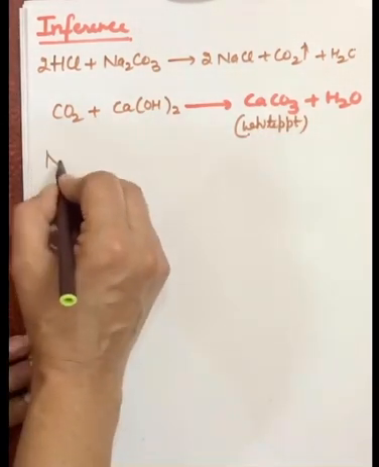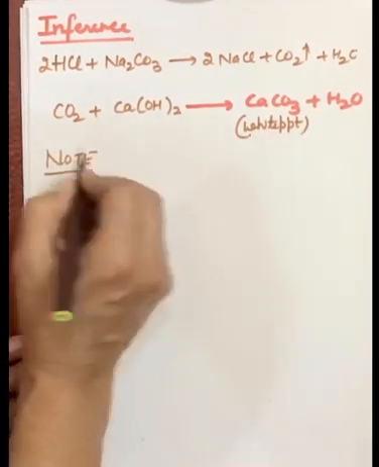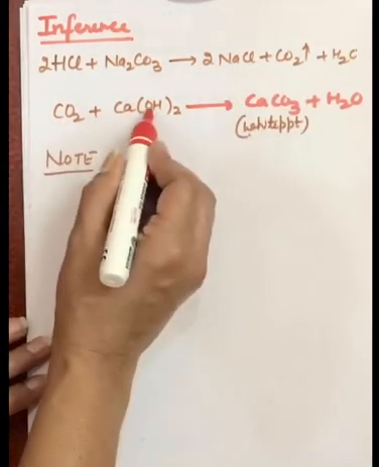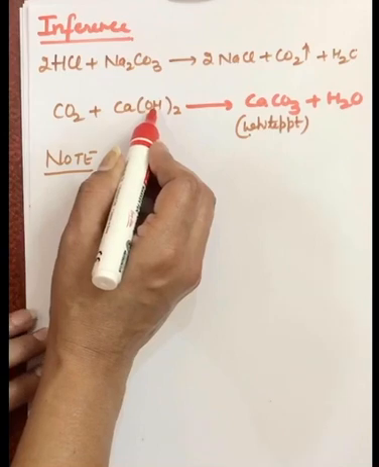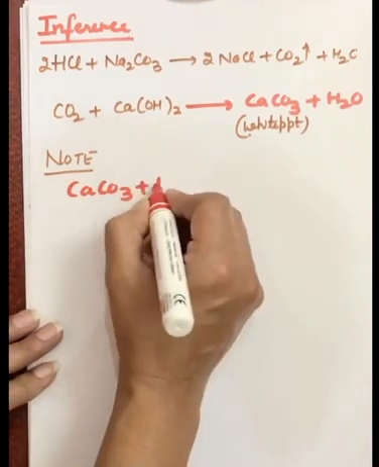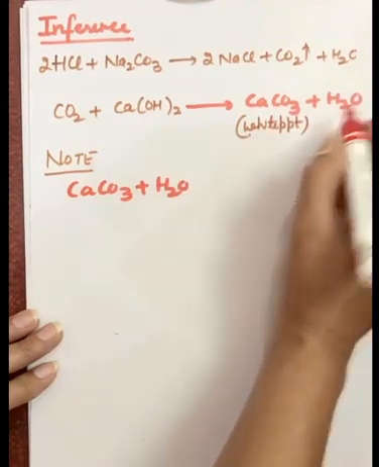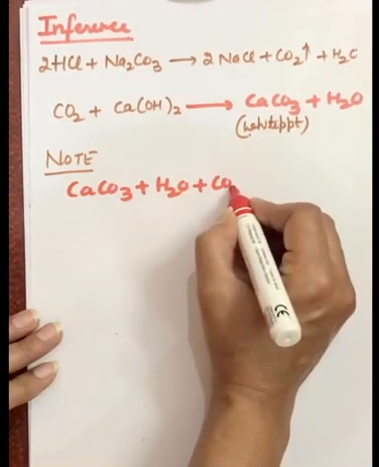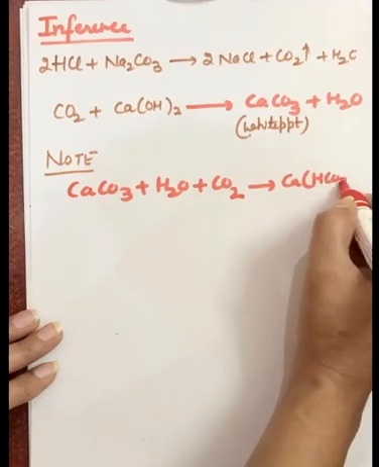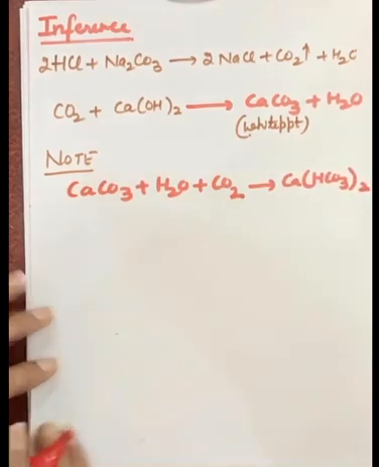But note, a very important thing here. If excess carbon dioxide goes into the lime water, what will happen in that case? Calcium carbonate and water is formed. But if excess carbon dioxide goes into this, then calcium carbonate changes to calcium hydrogen carbonate.